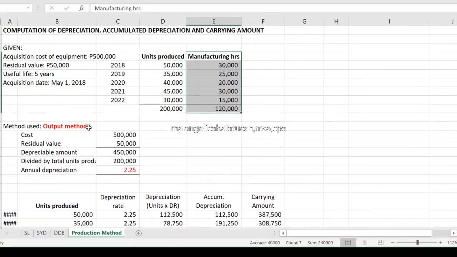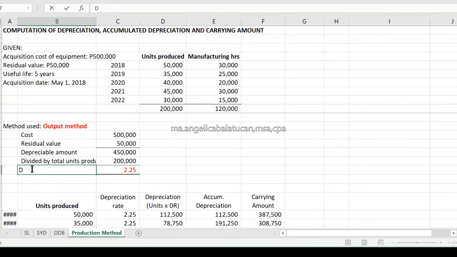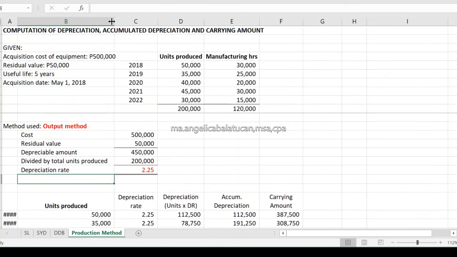So to get the depreciation, we need to get the depreciation rate. So this is our depreciation rate. Okay, so to get the depreciation rate, we need to get the depreciable amount. So that's the cost, 500,000, minus the residual value.